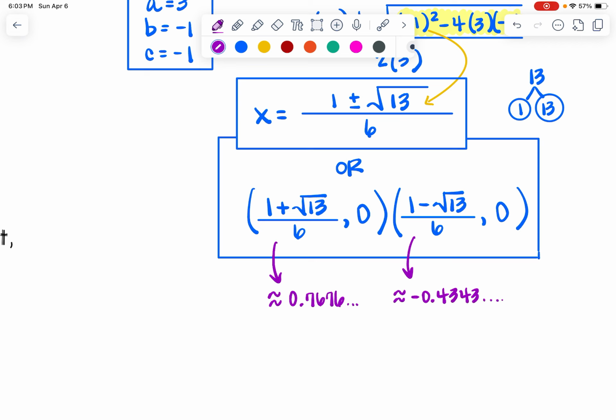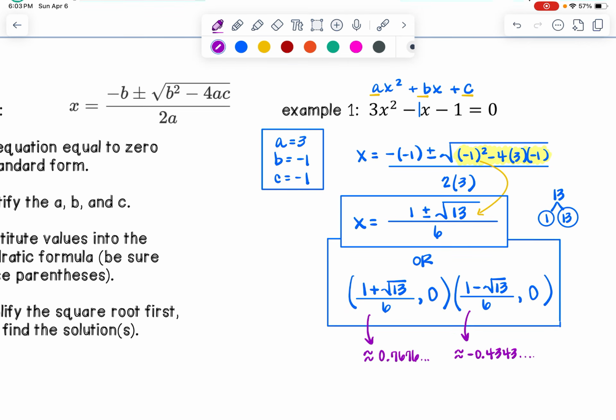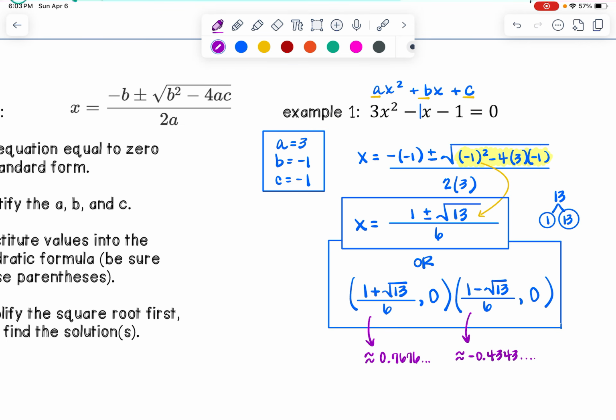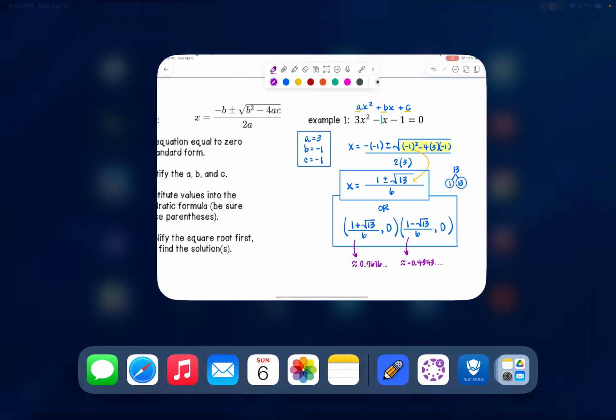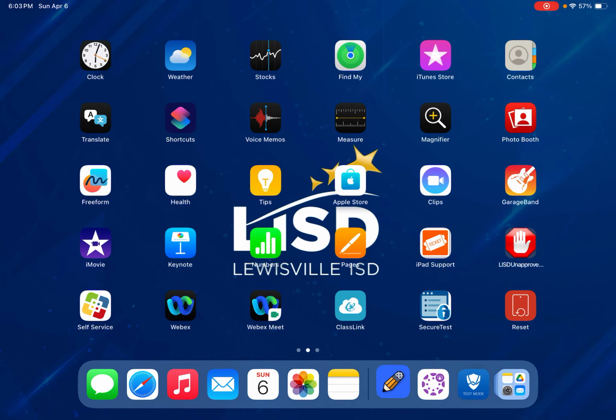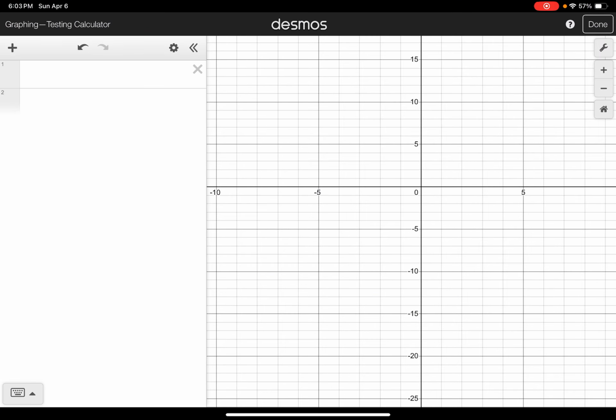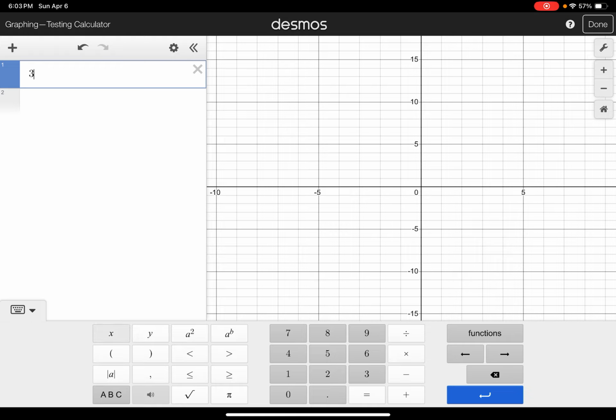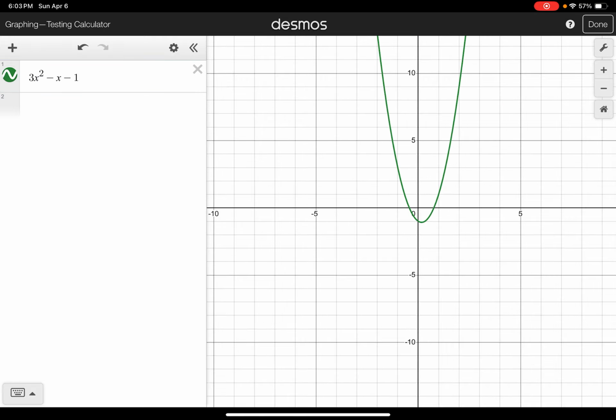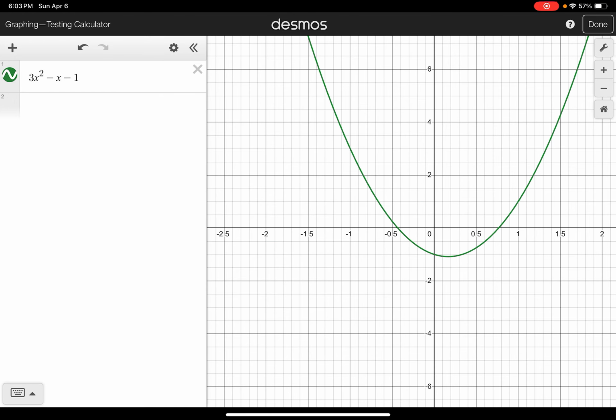And you could go into Desmos and type in this question, 3x squared minus x minus 1. Let's just do it really quick. We may as well for this first question. Kind of zoom in there. There's my parabola.